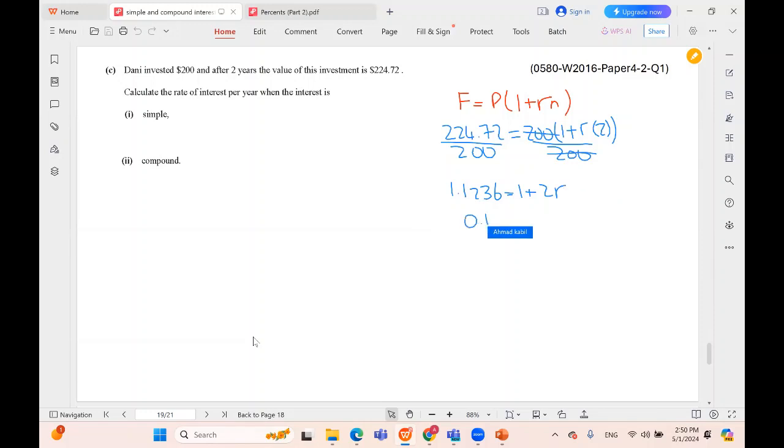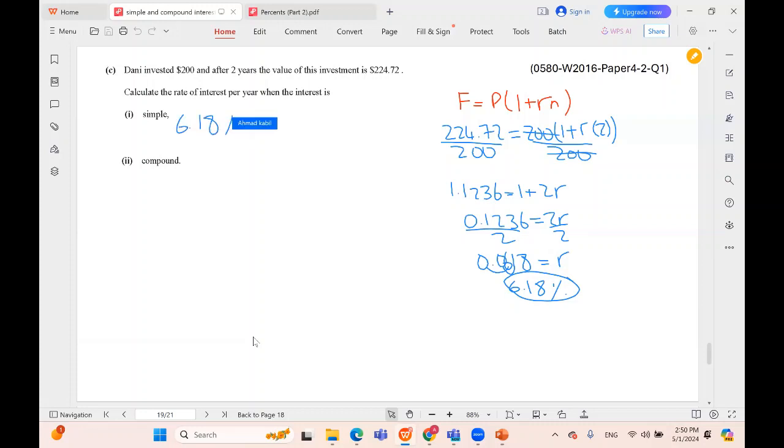We get 0.1236 equals 2R. Divide by 2 on both sides. You get 0.1236 divided by 2 is 0.0618 equals R. Move the decimal 2 spaces to get 6.18%. So the answer to I is simply 6.18%.